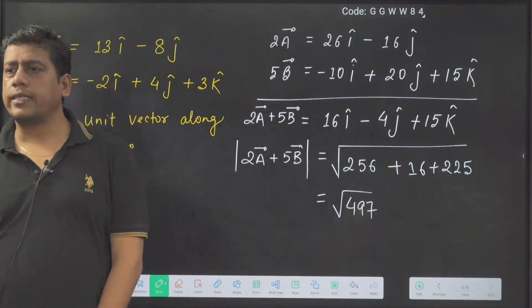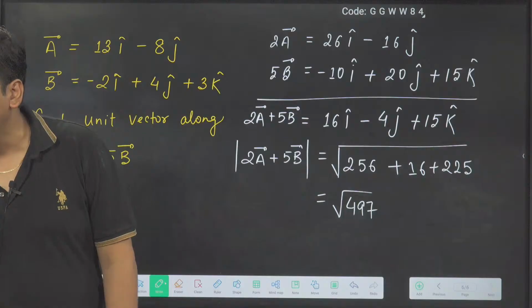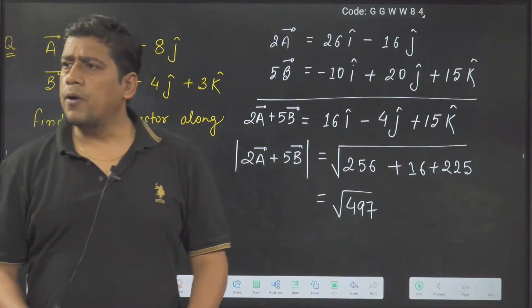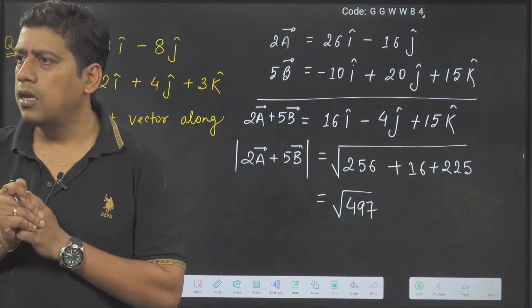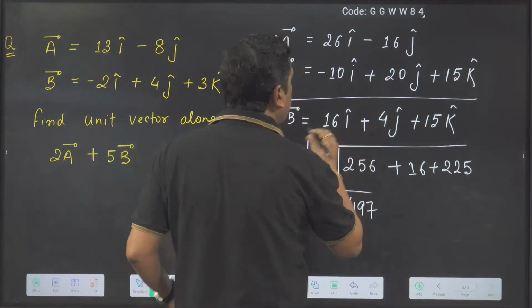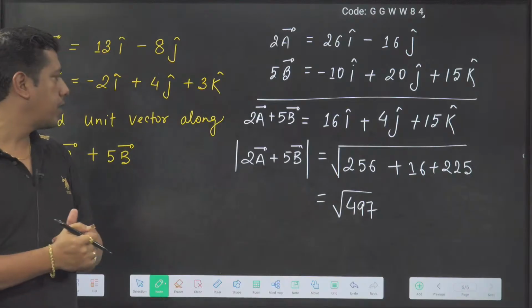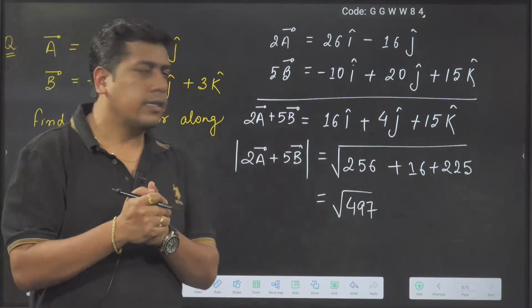Under root 497. You can take your time, you can do the calculation, you will get under root 497, and in the comment box also I'm getting the same thing. Plus 4, have I done any mistake? Yes, this is a mistake, plus 4, but that doesn't change our magnitude. Thank you for correcting. Any other mistake?